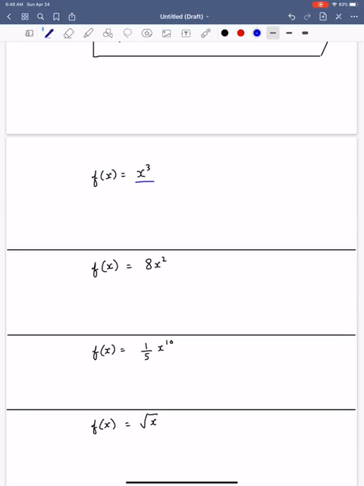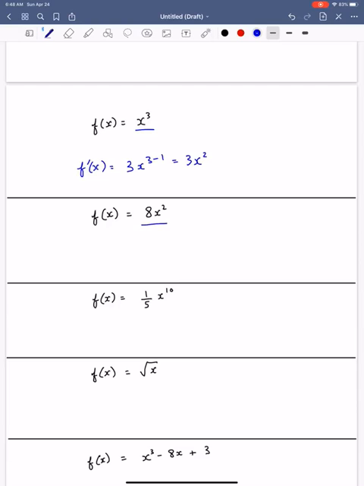So here, the derivative would be f prime x equals 3 times x, because 3 is the power, and then you minus 1 from the power. It is going to be x squared times 3. That's going to be the answer here.